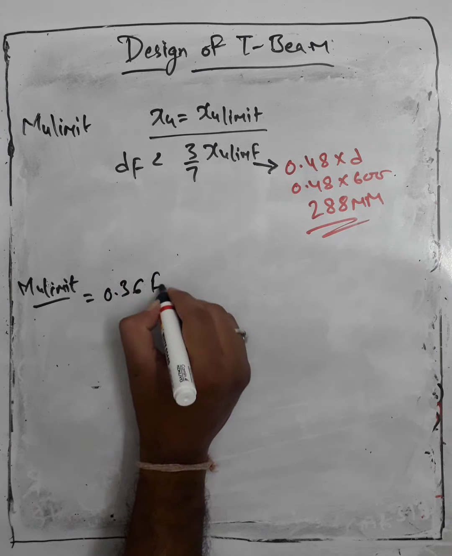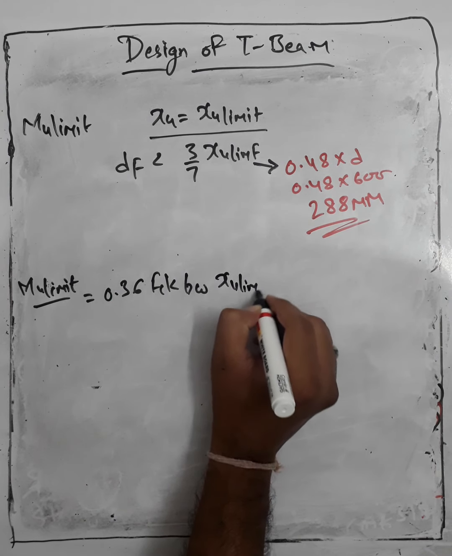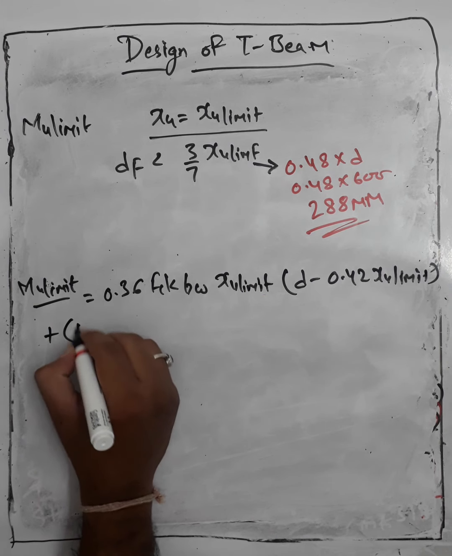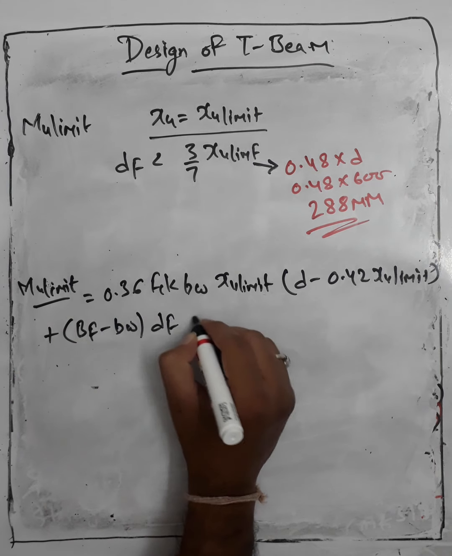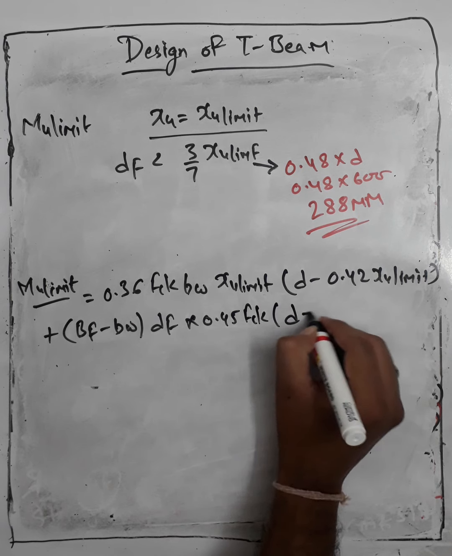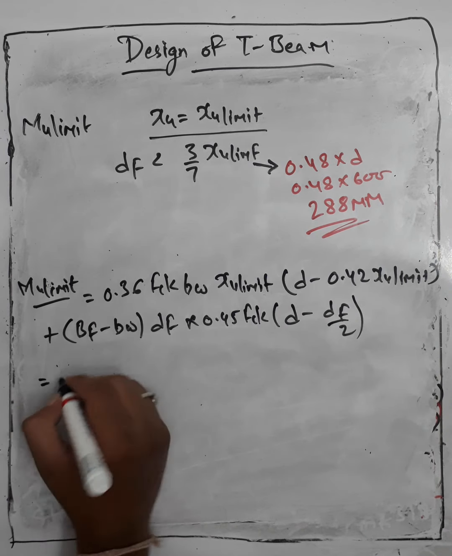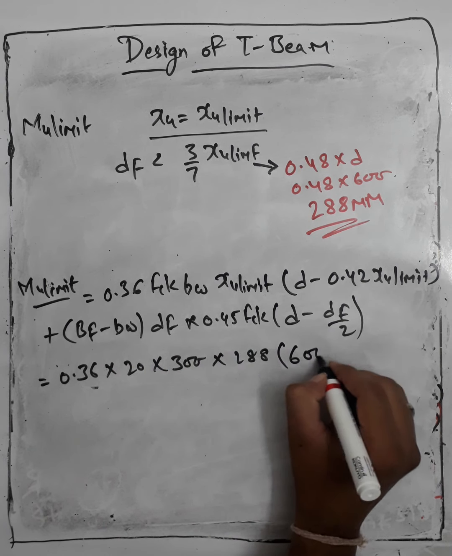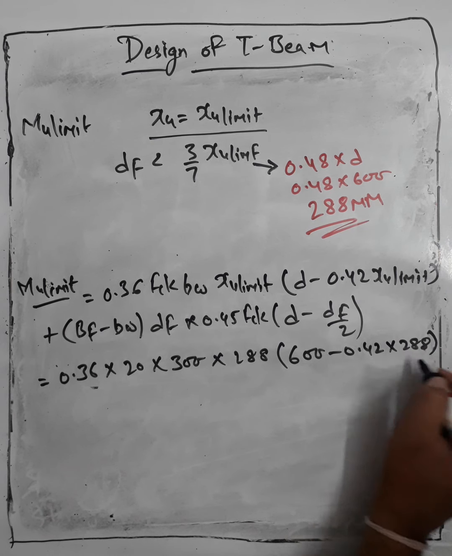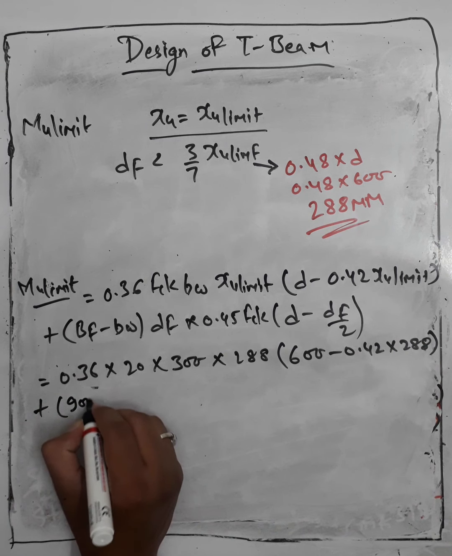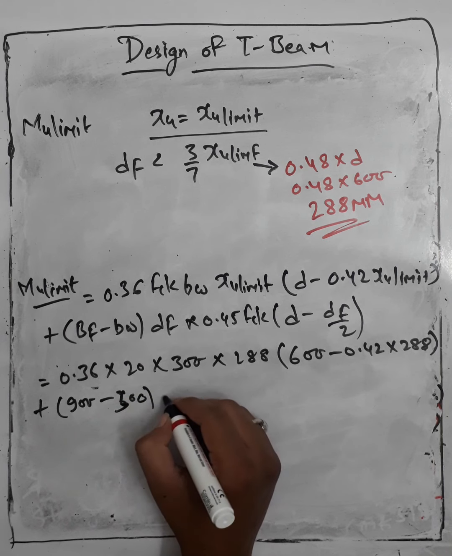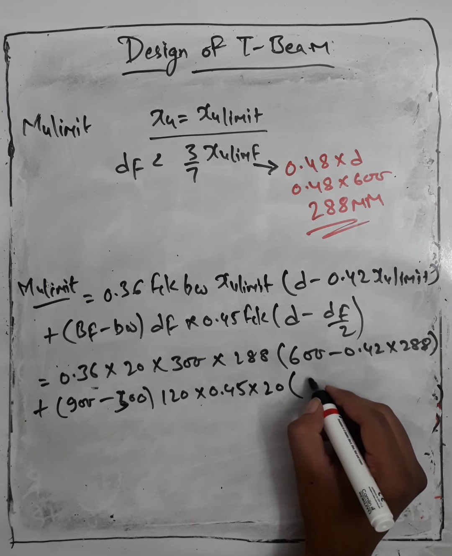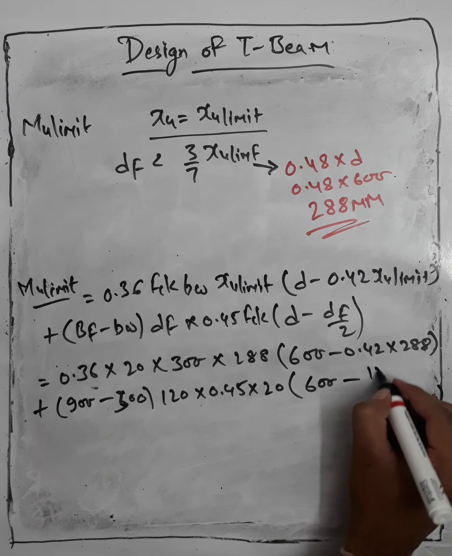So Mu limit = 0.36 fck bw xu limit (d − 0.42 xu limit) + (bf − bw) Df × 0.45 fck (d − Df/2). Put the values: 0.36 × 20 × 300 × 288 × (600 − 0.42 × 288) + (900 − 300) × 120 × 0.45 × 20, where d is 600 and Df is 120 by 2.